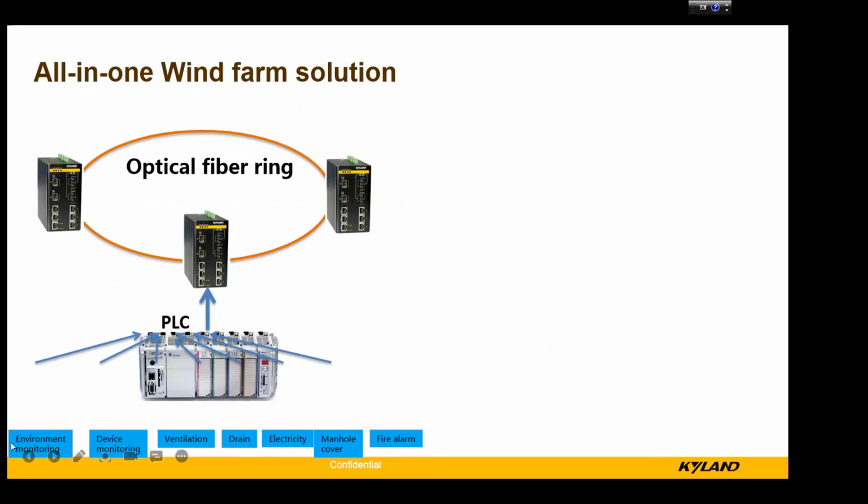The devices include the environment monitoring, the engine device monitoring, and the ventilation, and the electrical monitoring, and the fire alarms. And then it will update the values to the extend ring, and then transmit to the uplayer.